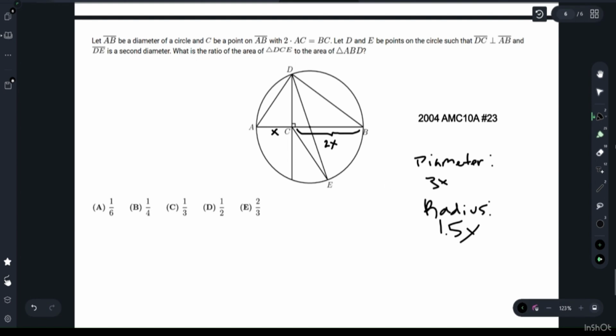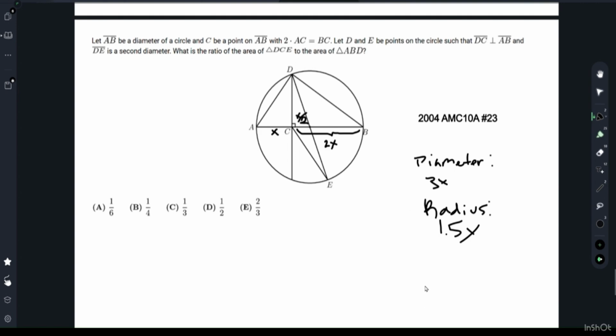And one thing we can take from here is we know that from this point to A is going to be one of the radii. So we know A to this point right here is going to be 1.5x, and we know AC is already x. So this part is going to be 0.5x, which we can write as x over 2.